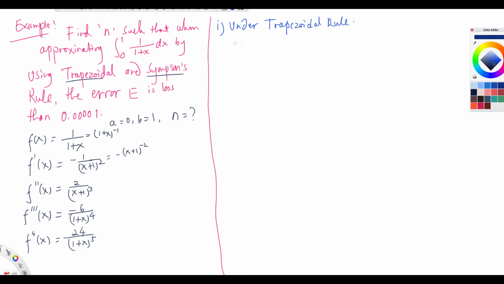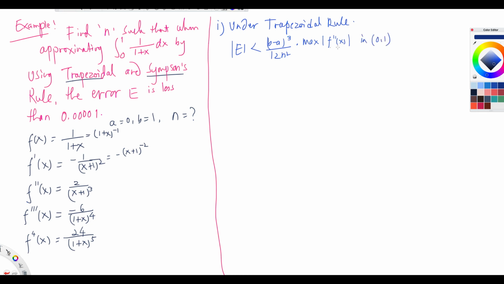So what is the formula? The formula is basically E is less than b minus a to the third divided by 12 n squared times the maximum of f double prime of x in that interval, 0 to 1.